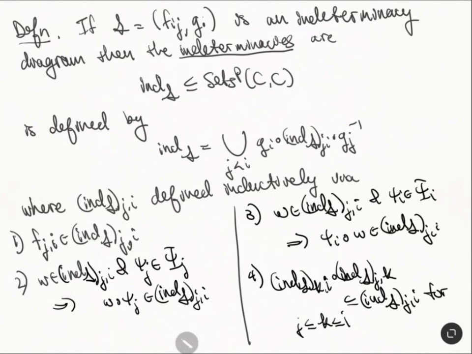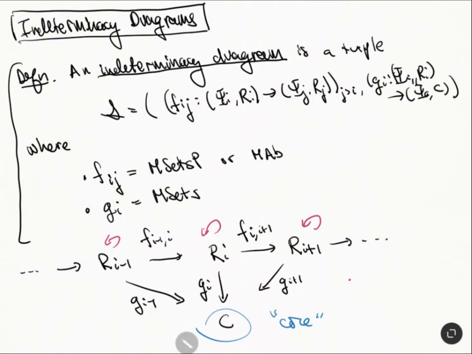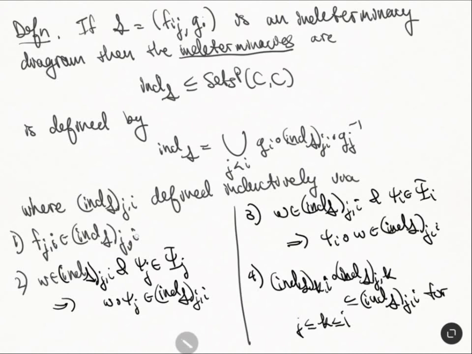So if we have an indeterminacy diagram, then we define a collection of indeterminacies by the conjugation of local indeterminacies, which are maps from one node that's smaller than another node. And what we do is we say that, first of all, the basic ones are in there, so that's kind of the base case.